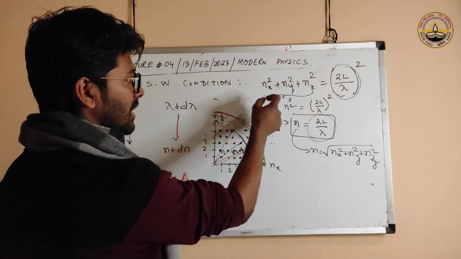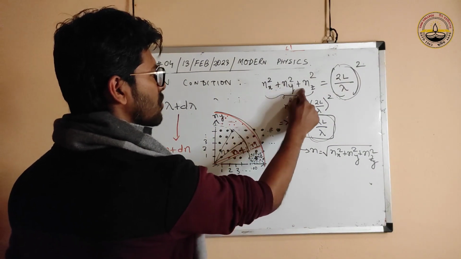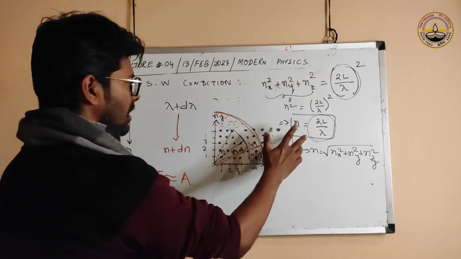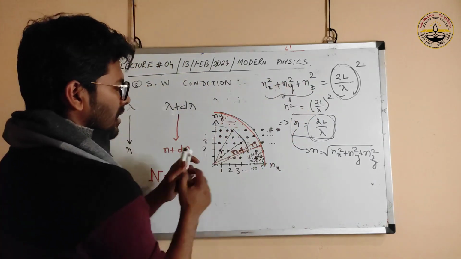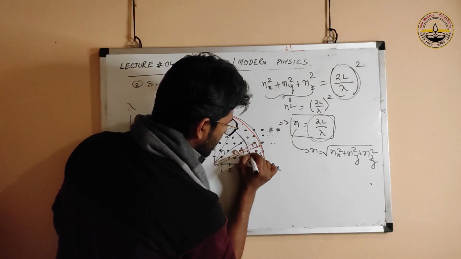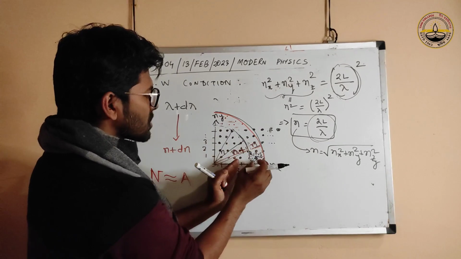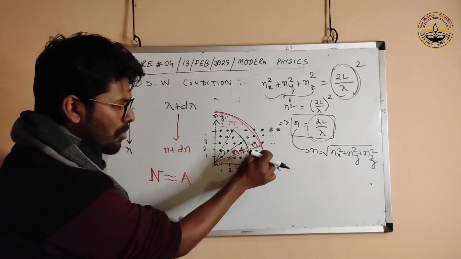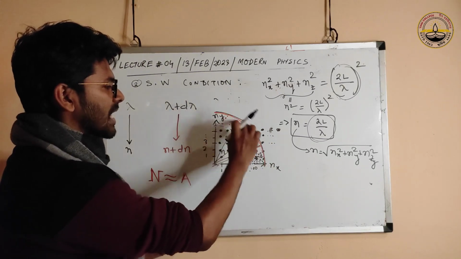Like choosing this 1 million, and this 1 million and 1, and this is let's say 1 or 2, then changing a little bit around this 1 million, you will get really dense points here. And these points will look almost continuous. And at that point, the number of points will be almost equal to this area.